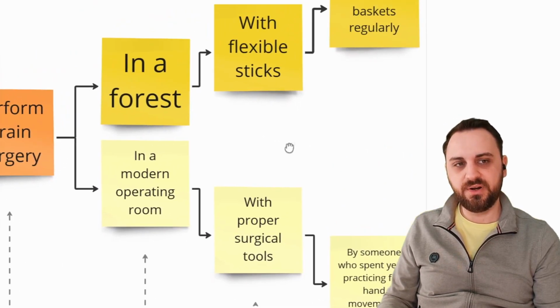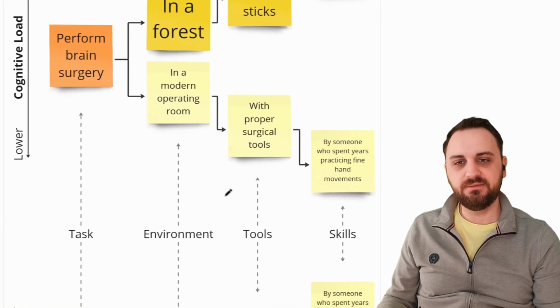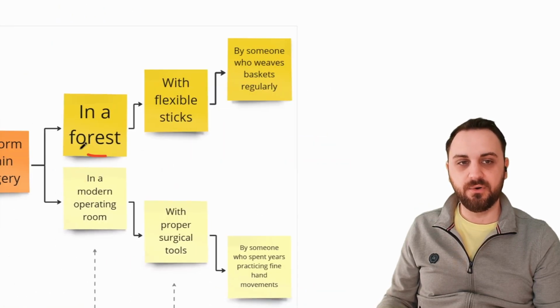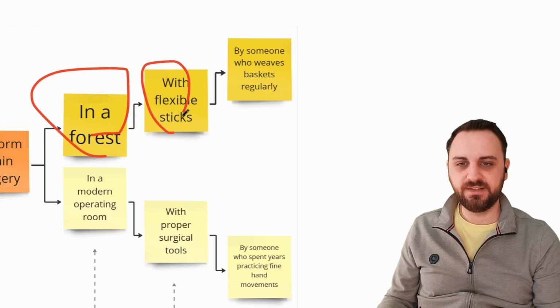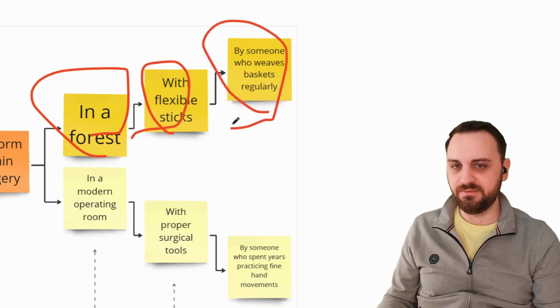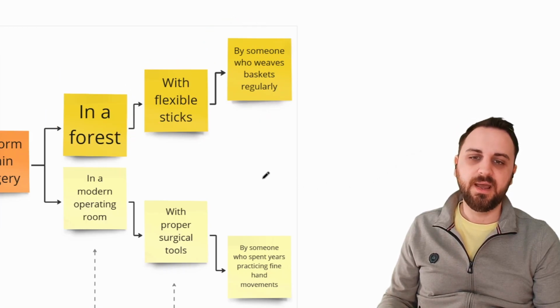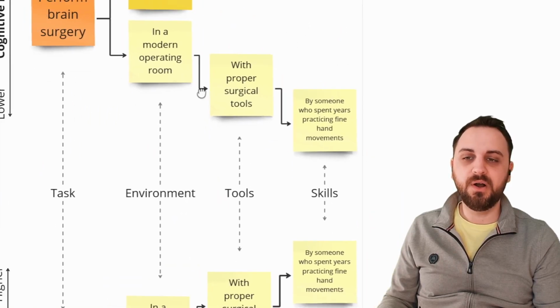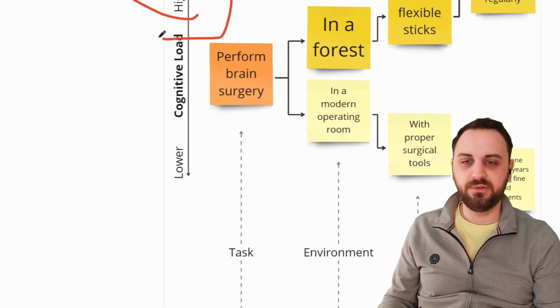Let's say that the brain surgery is performed in the environment of a forest with flexible sticks by someone who weaves baskets regularly. Now, that is going to be a much higher cognitive load task.